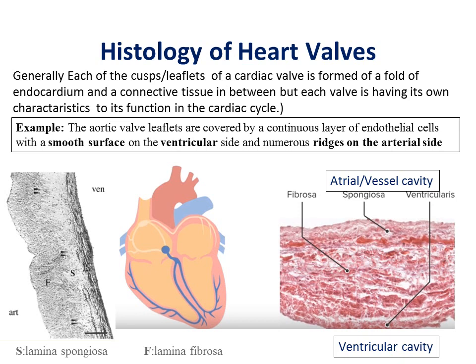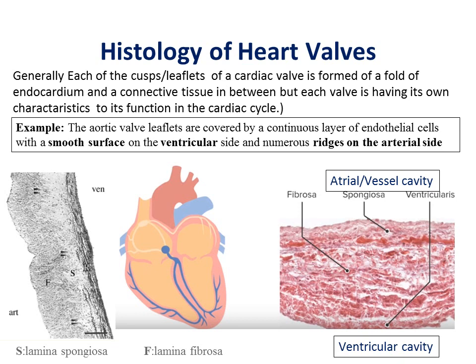As we can see here, the layers of each valve, as we said, are a fold of endocardium, but the endocardium on the ventricular side is very smooth. On the inner side, there are some ridges, or it is rough, a little bit, I mean. There are some layers in that. The endocardial surface, which is smooth, comes to the lamina spongiosa, just next to that.